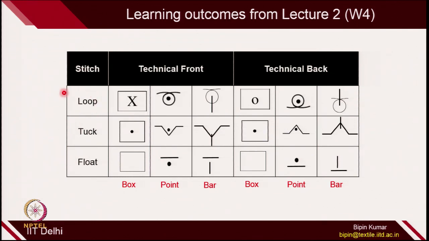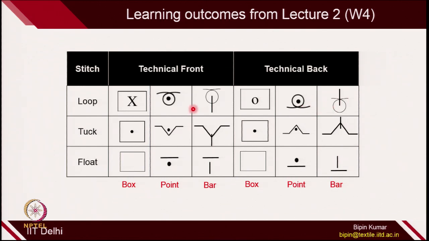In the case of loop, in the technical front you represent it by a cross. In point and bar notations, the point and bar actually represent the needle, and the line or the curved part represents the stitch. Similarly, in the technical backside the loop is represented by a 0 in the box, and this is how you represent it in point and bar form.